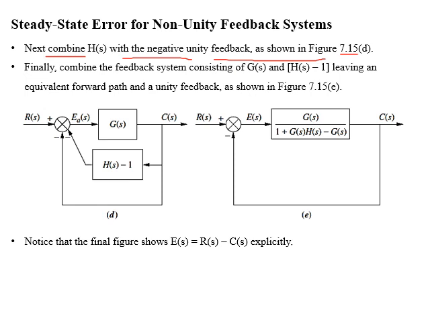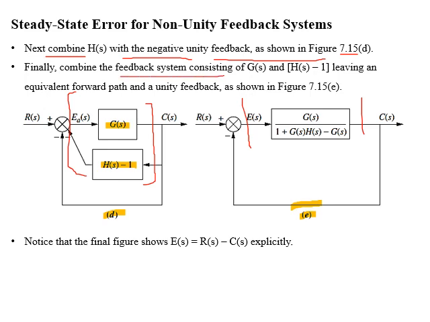Then we will combine the feedback system, which consists of forward path transfer function G of S and system H of S minus 1. After finding this equivalent system, we will be left with a forward path transfer function and a unit negative feedback path. And this will be our equivalent unit feedback system, represented in figure E.